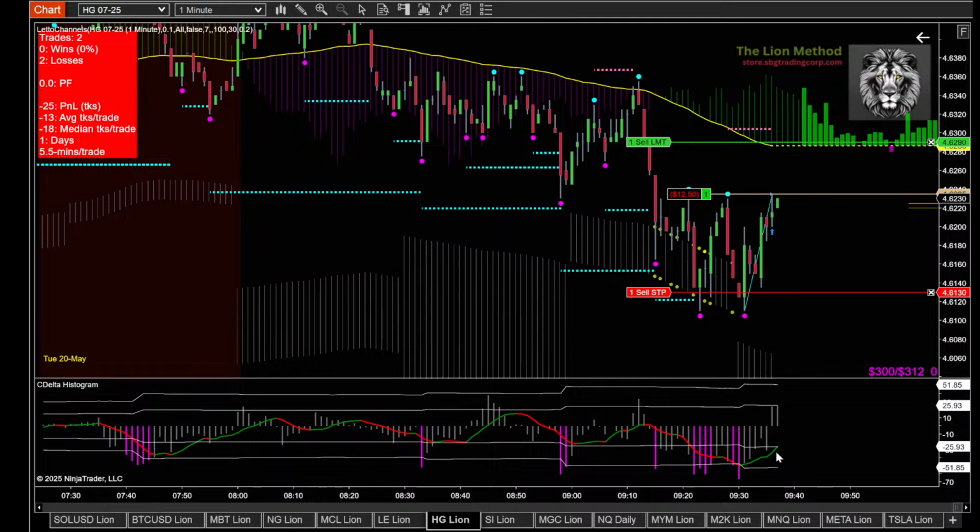Copper can rally here. So the 62% target is this magenta dashed line. So we're right near the 100. Let's move it just shy of that guy.